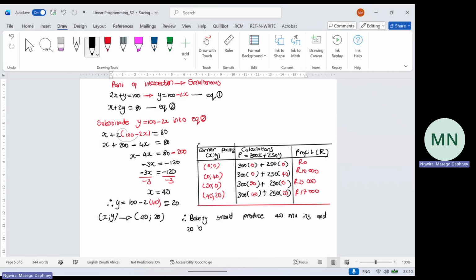Gosh, it's trays, not just 40. 40 trays of muffins and 20 trays of bread to maximize profit.